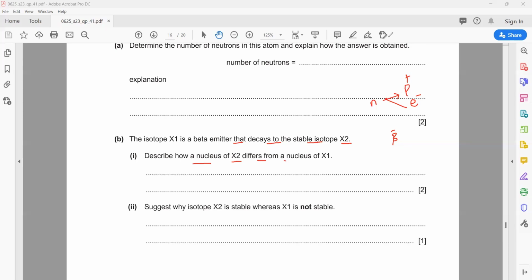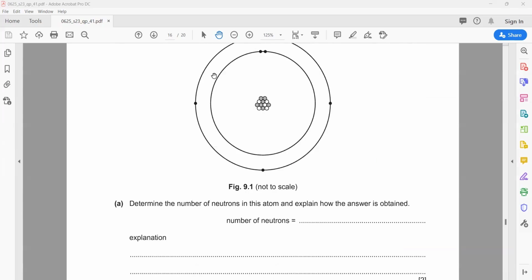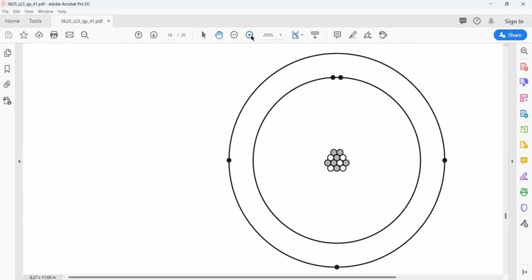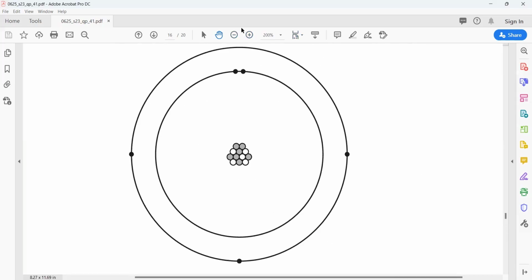Now let's talk about this one. How many neutrons are there? 7. How many protons are there? 5. So total, the mass number, how much? 12. Okay.